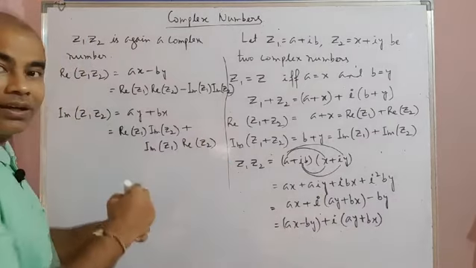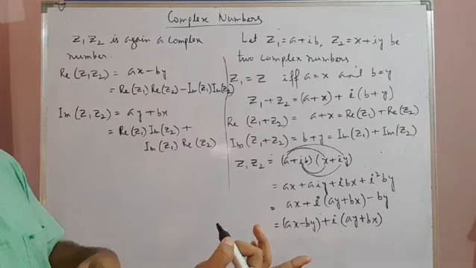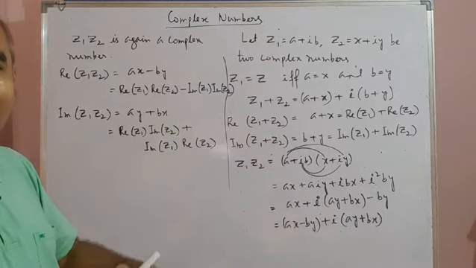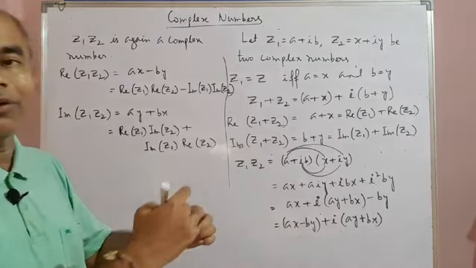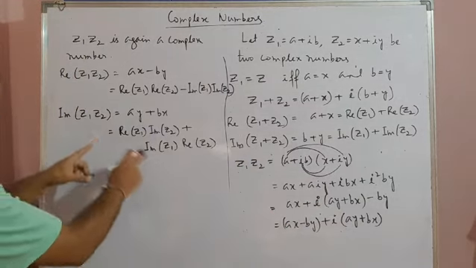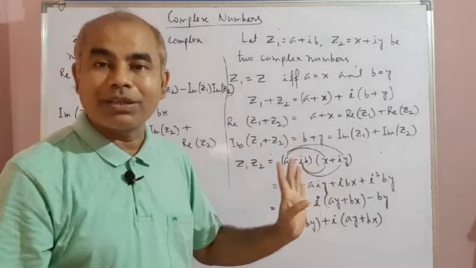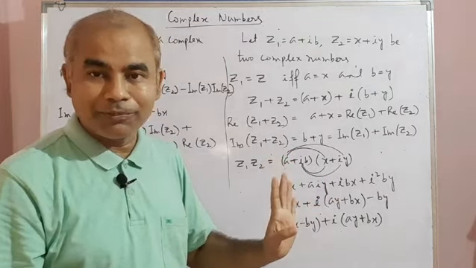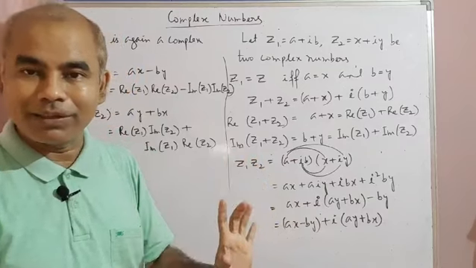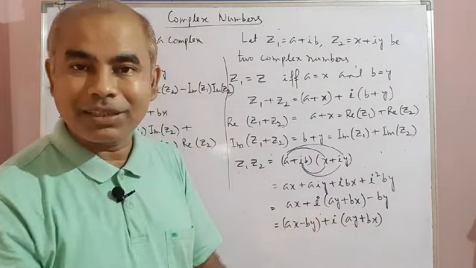So the sum of these products is the imaginary part of the product Z1 into Z2. So how to add, how to multiply? Very simple. But division, subtraction, let us discuss that also.